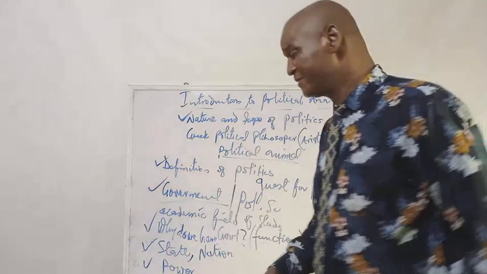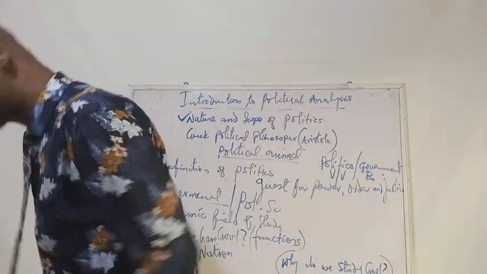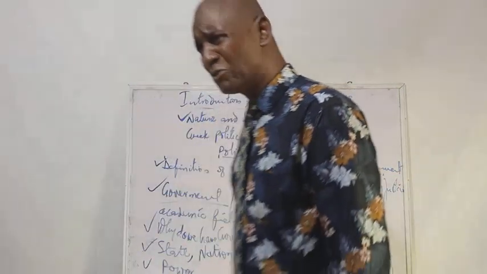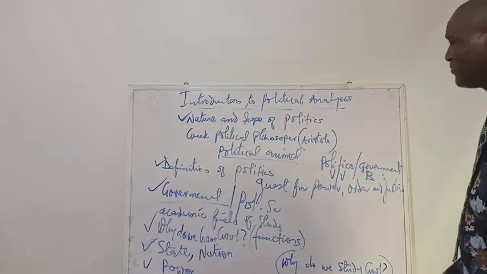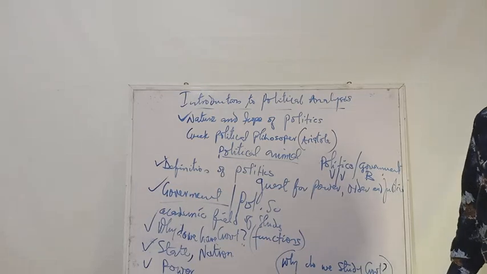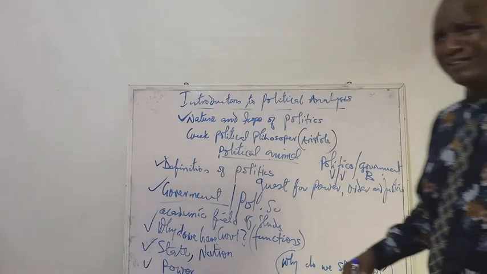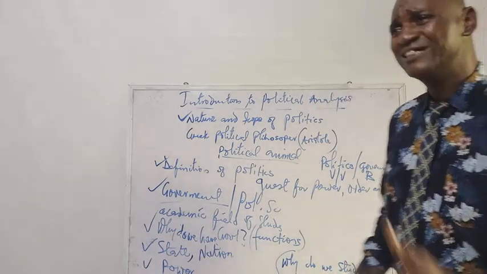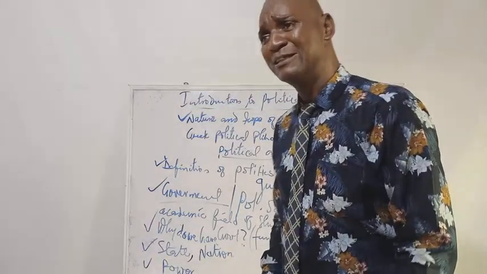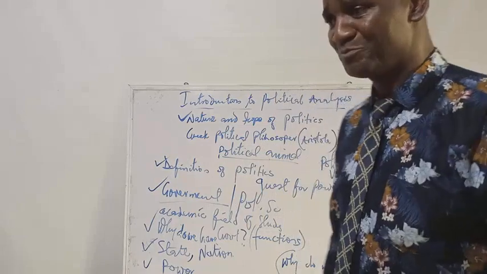Who is a citizen of a state? Because we cannot have a government when there are no citizens. When we say government, in a particular location, in a particular environment, there must be a leader.